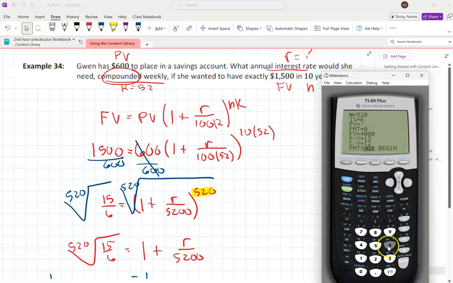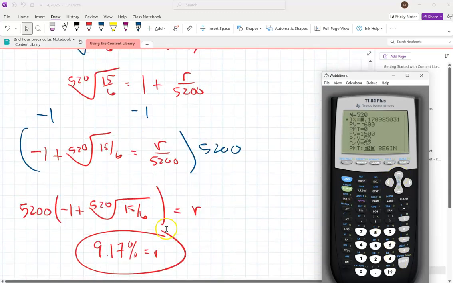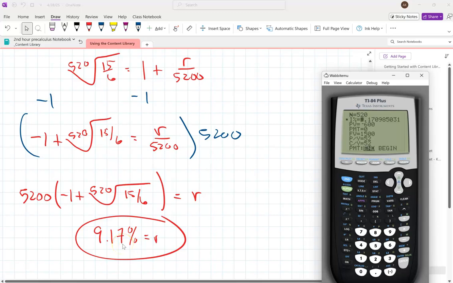We put $600 in. We're not adding anything to it. We want $1,500 to come out. The number of compounds per year and payments per year should be 52. Let's find that interest rate. And there's that 9.17, just like we got before.